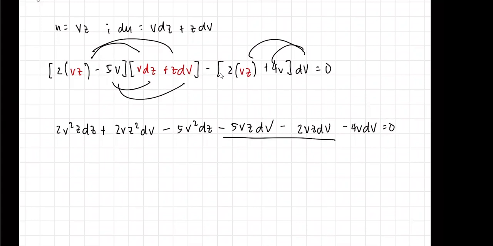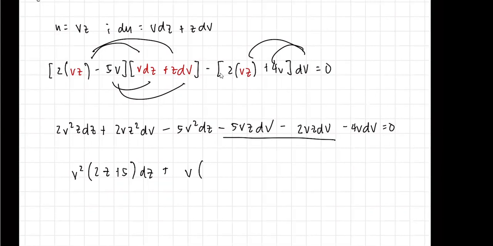So pagsasama-samahin ulit yung same term. So dz muna tayo. So sa dz, pwede natin factor out yung v squared. So magiging 2z, okay, plus 5 dz. Then lahat ng dv, ang common sa kanya ay v.